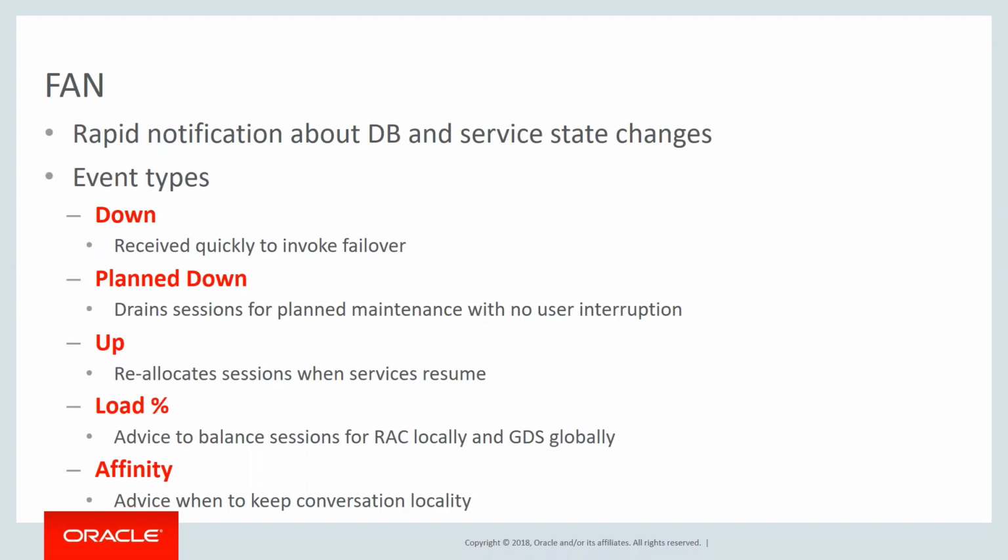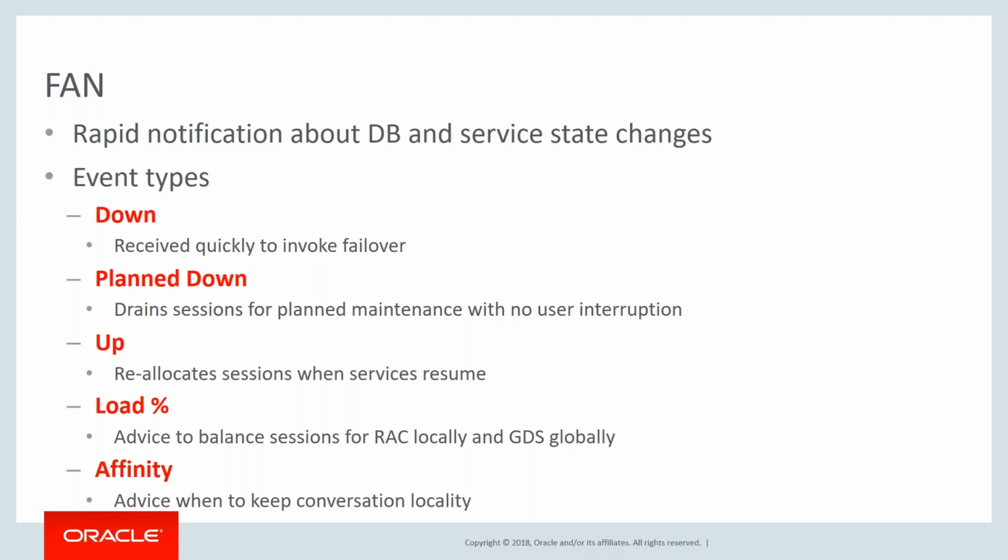so that we have varying levels of granularity, so that we know if, say, the entire database went down, such as in a disaster recovery solution, ODP.NET knows that the entire pool needs to be cleared if all the connections are going to that database, and we need to do a failover to the standby instance in the Data Guard situation, for example. So it knows that type of granularity.